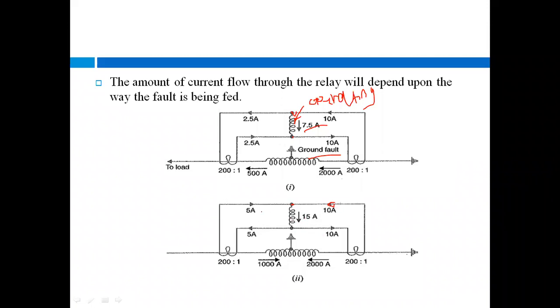Sorry, incoming currents are 10 ampere and 5 ampere, and the outgoing current is 15 ampere, because there will be addition here. Both currents are incoming, so their addition will flow through this operating coil. Total current flowing through this coil is 15 ampere.